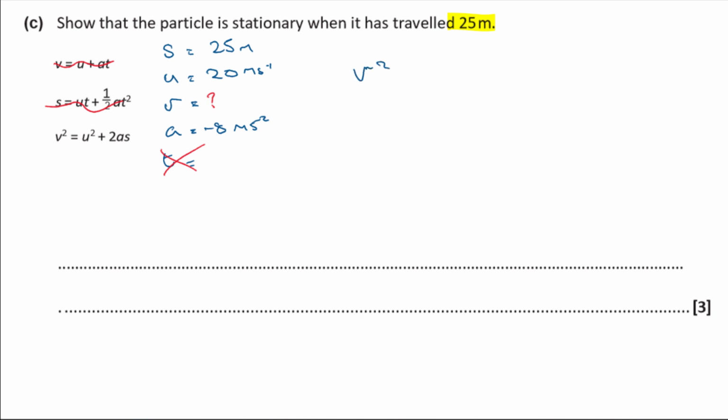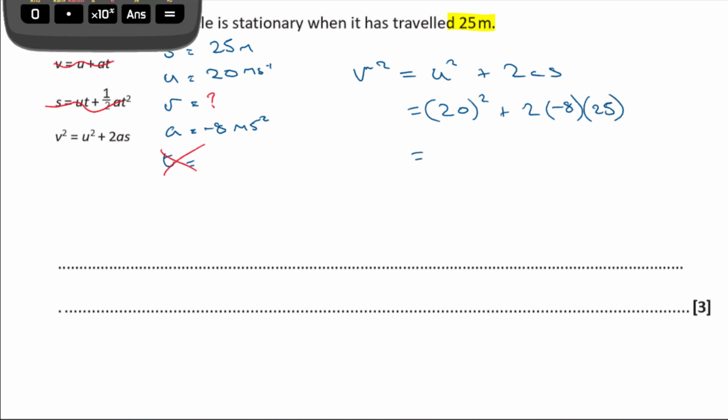So let's write the formula down. V squared equals u squared plus 2as. Sub in what we know. U is 20. So it's 20 squared plus 2 lots of a, which is minus 8, times s, which we know is 25. So what's that then?